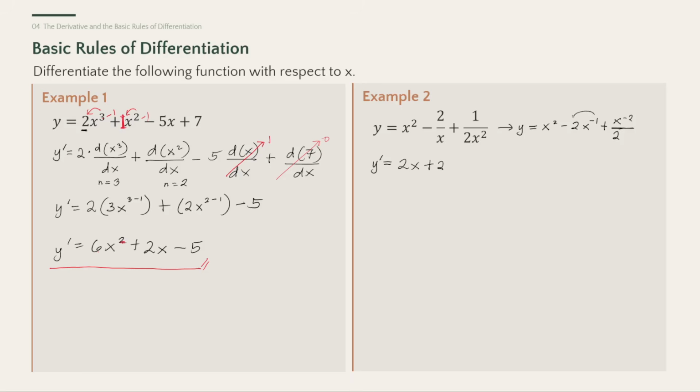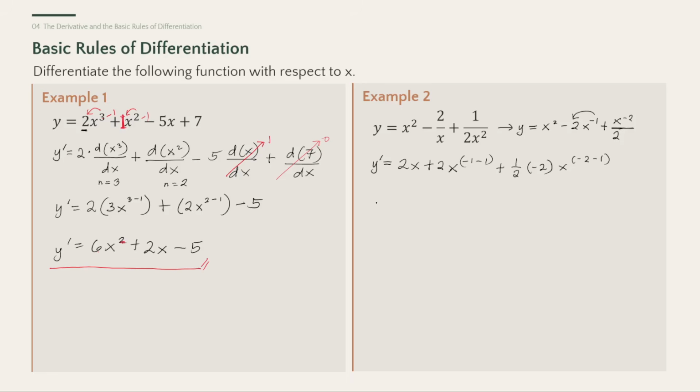Okay. Multiply this and then subtract 1 from the exponent. Then this one we have negative 2. Then 1/2 there is a constant actually. That is 1/2. And then you multiply negative 2 to 1/2. Then x raised to negative 2 and subtract 1 from the exponent.